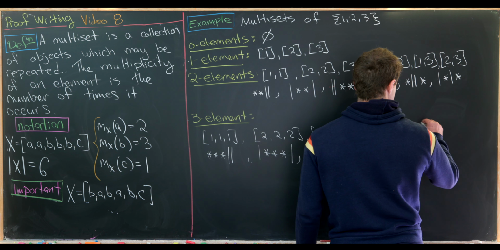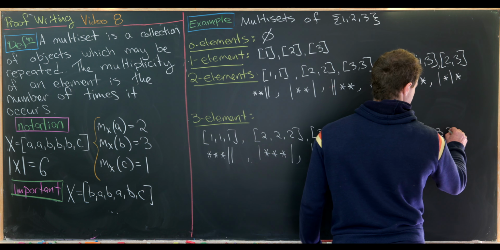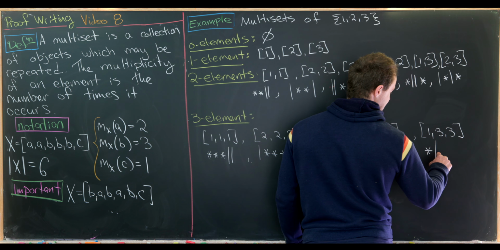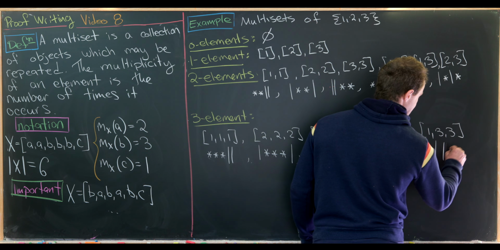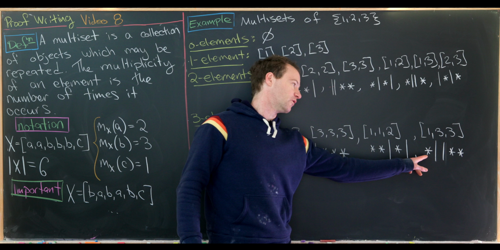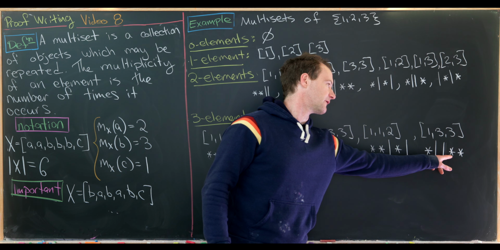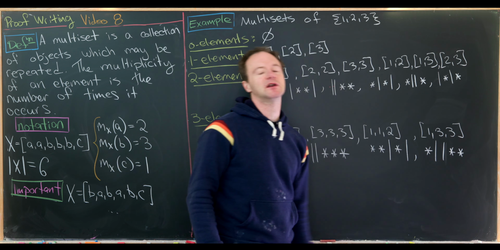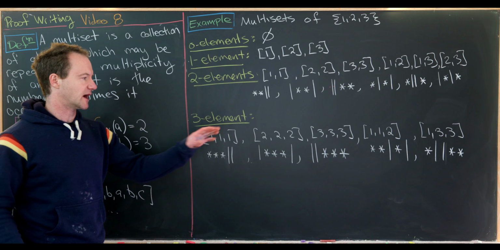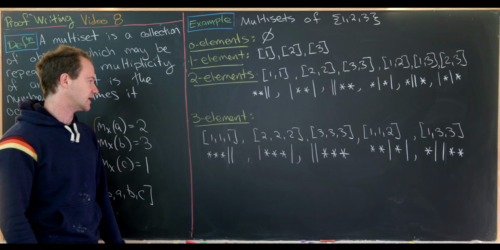What about 1, 3, 3? There's a single 1 and then 0 2s and then 2 3s. The place where we count the number of 1s has a single star, where we count the number of 3s has 2 stars, and the place where we count the number of 2s has 0 stars. That would be the star and bar diagram for 1, 3, 3.